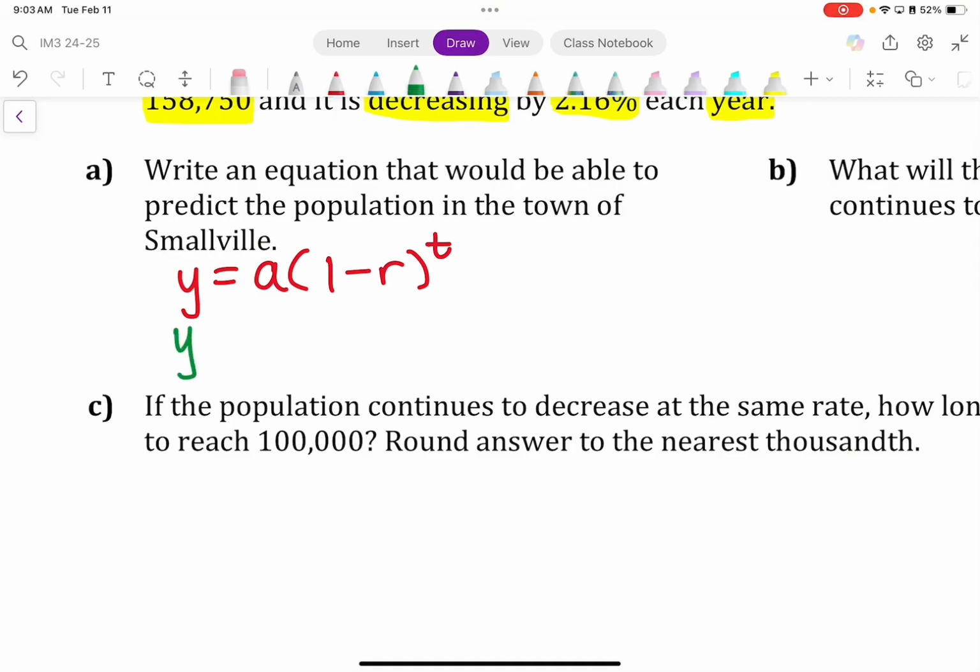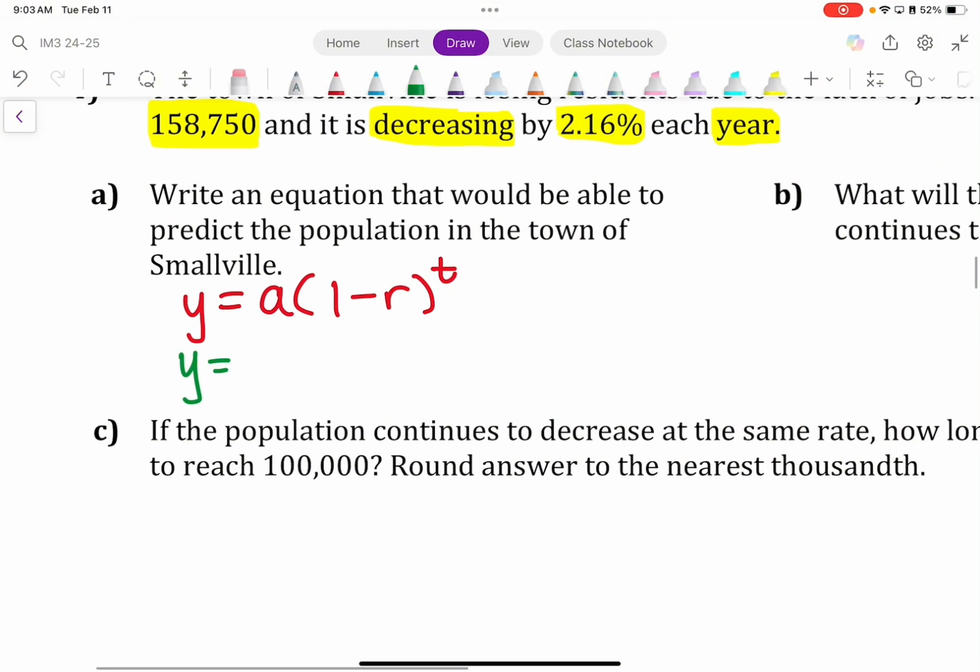So Y equals A. What is your initial population? 158,750. I'm going to skip the commas. 158,750, 1 minus the rate. Now, here is the trick. The rate is a percentage, and I cannot combine whole numbers and percentages. The percentage, 2.16, needs to be converted to a decimal.